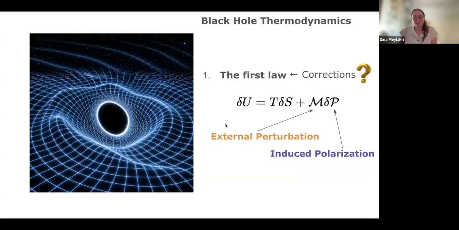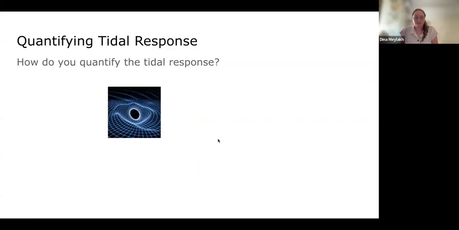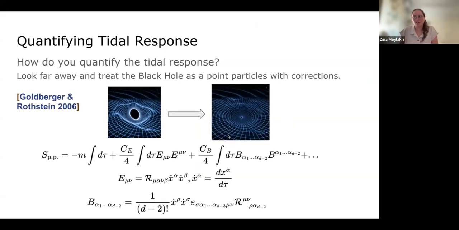But first we have to understand how to quantify tidal response. The way to do this is to just look far away and treat the black hole as a point particle with corrections. So the way this is done is by writing the point particle action and writing terms that correspond to the allowed symmetries.